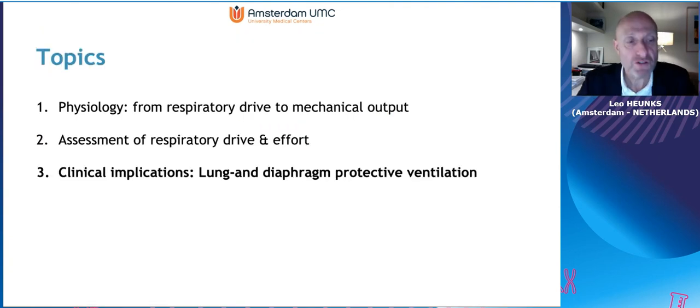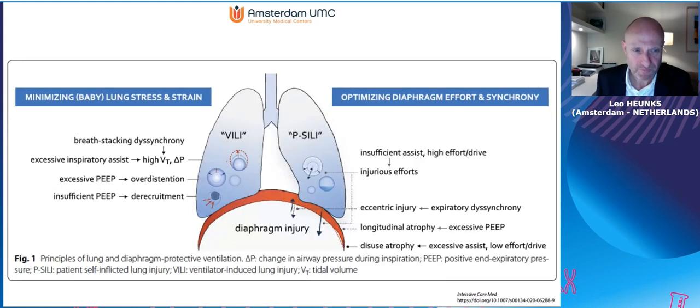Okay, let's focus a little bit more on the clinical implications of lung and diaphragm protective ventilation, or the clinical implications of high or low effort. It is important to minimize stress and strain to protect the lung.